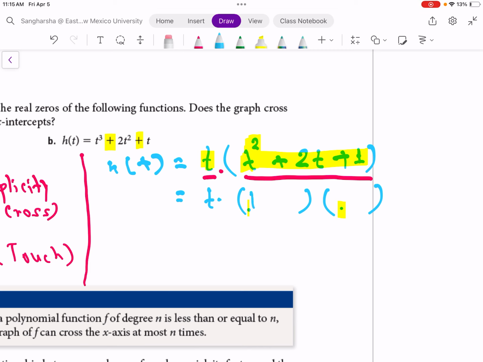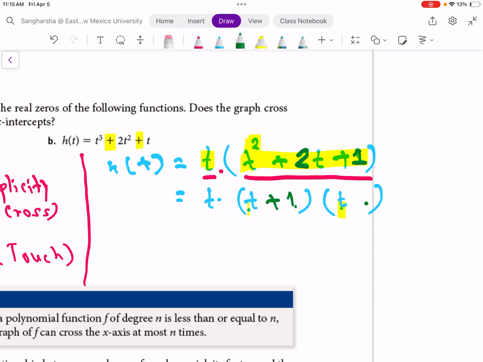Okay. Now we find 2 numbers whose product is +1 and sum is equal to +2. So give me 2 numbers whose product is +1 and sum is equal to 2. 1 and 1. So +1 and +1.